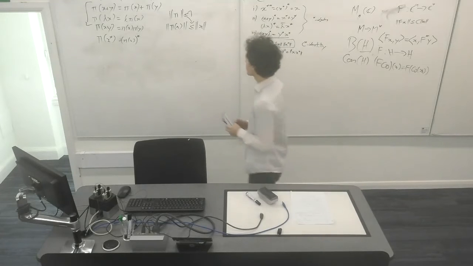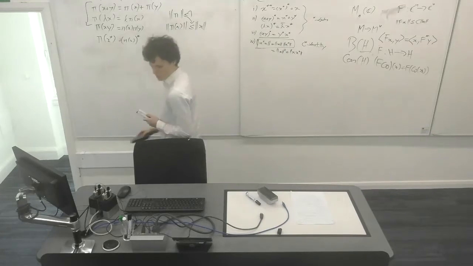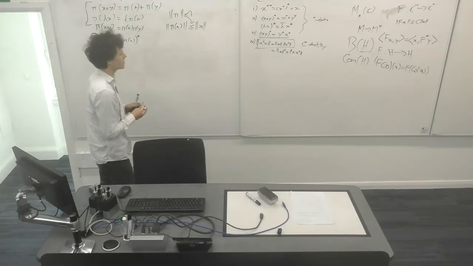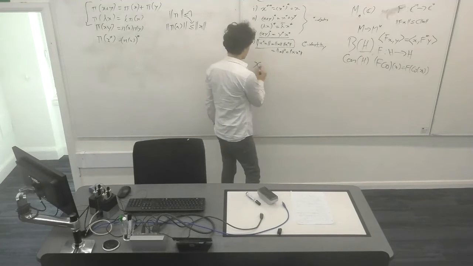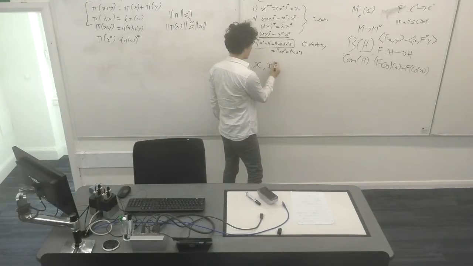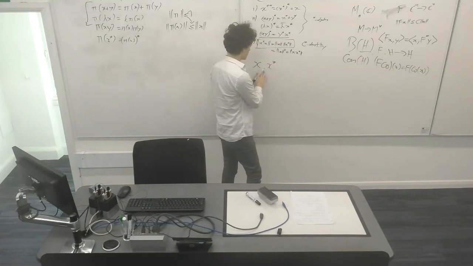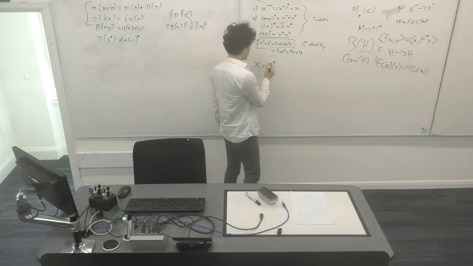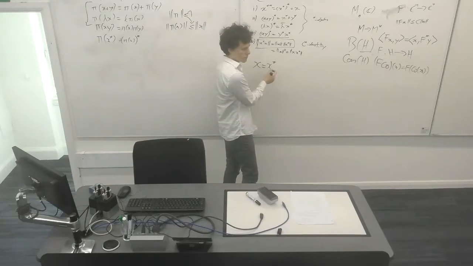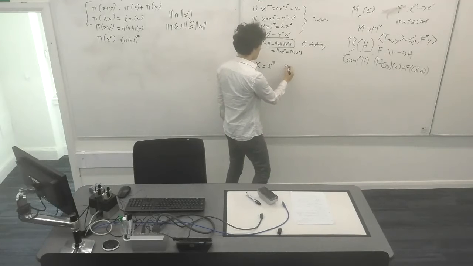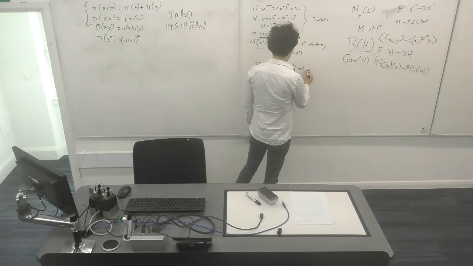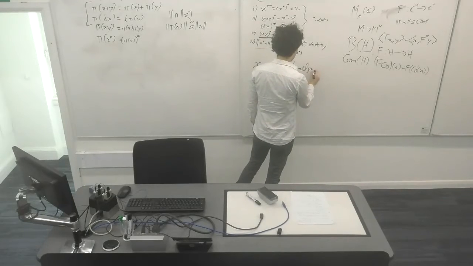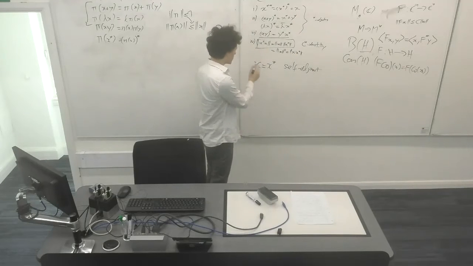Okay, so couple of things. You have x and x star, right? Both exist. If x is equal to its adjoint, x equals x star, we call this self-adjoint.